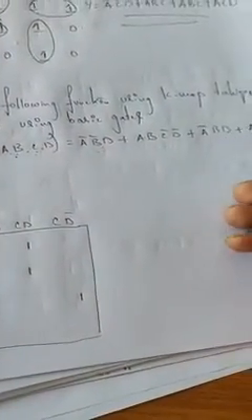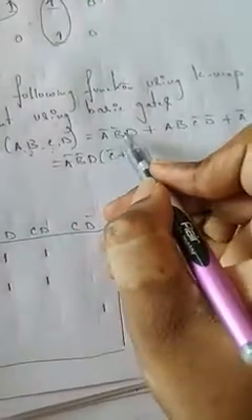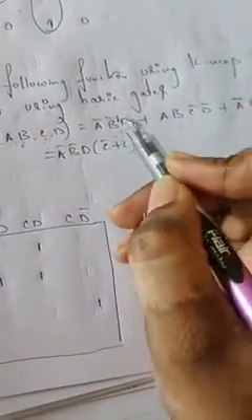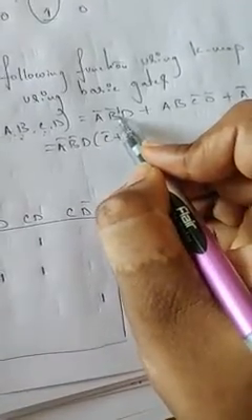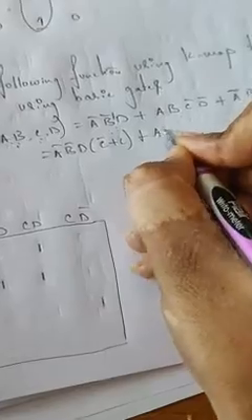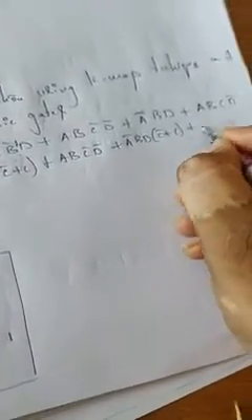So it can be written like this: A bar B bar D (C bar plus C), because if nothing is there, it can be taken as 1. So C bar C cancel and you get 1, plus A B C bar D bar plus A bar B D (C bar plus C) plus A B C D.